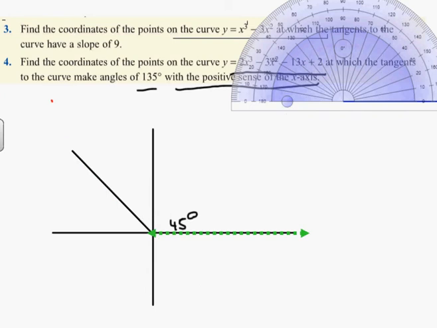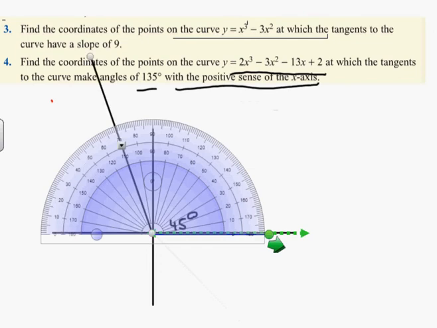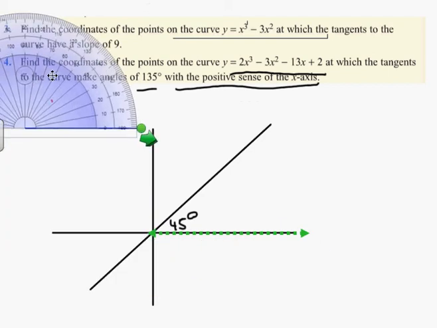Now, what we have to find out is, what is the slope of the two of these? The first one was 45 and the second one was 135. So if we go back to the 45 degree one first, what you have to remember about 45 degrees is that it goes up the same amount. It goes one across and one up to make 45 degrees.